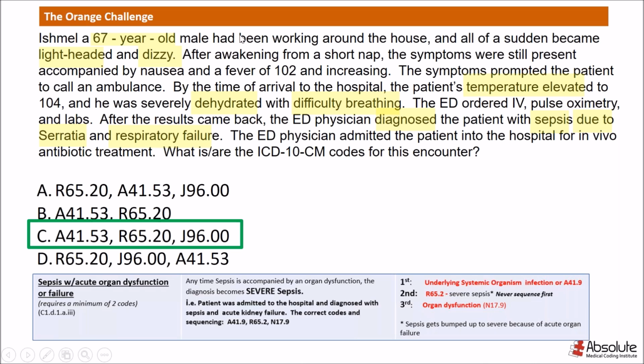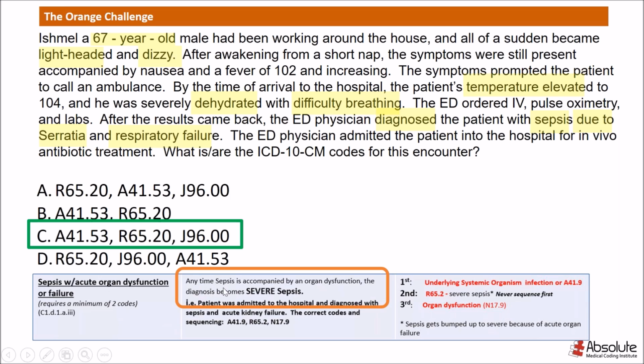Having said that, I'm going to pull out my TTT and use this guideline here for sepsis with acute organ dysfunction or failure, because we have an organ failure here. So this is appropriate.